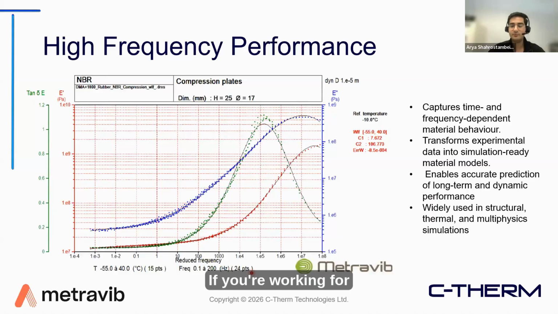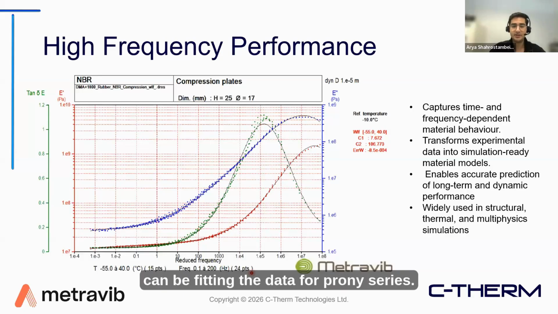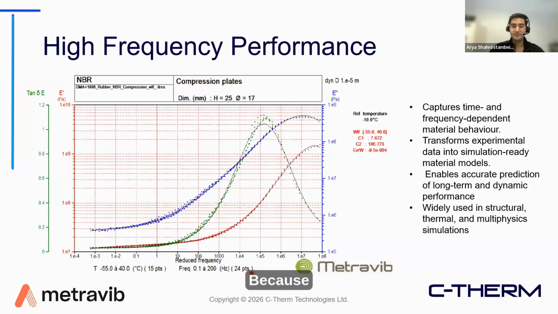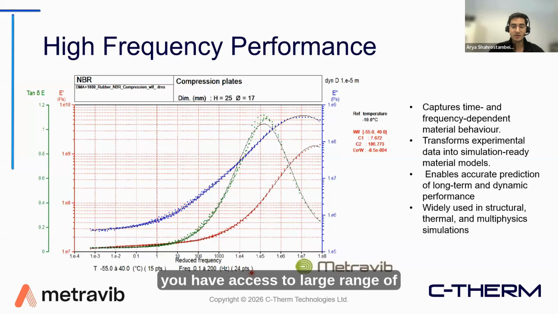If you're working on simulation like FEA through software like Abaqus and others, it really helps you build a strong model for predicting the behavior of your materials. Another application can be fitting the data for a Prony series and building a strong Prony series, because you have access to a large range of frequencies.